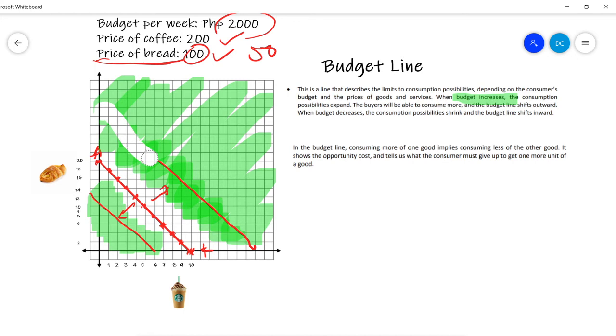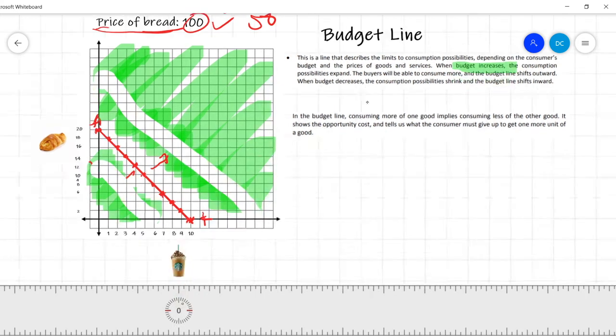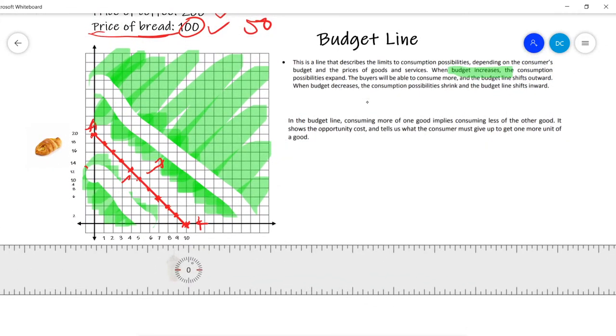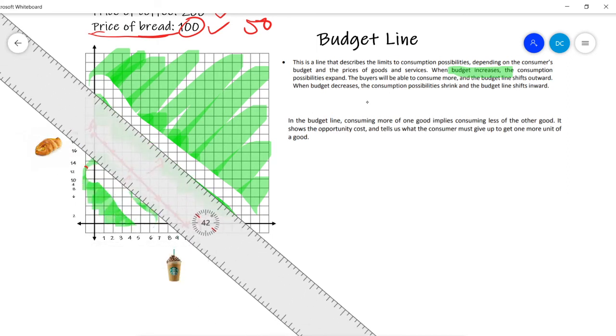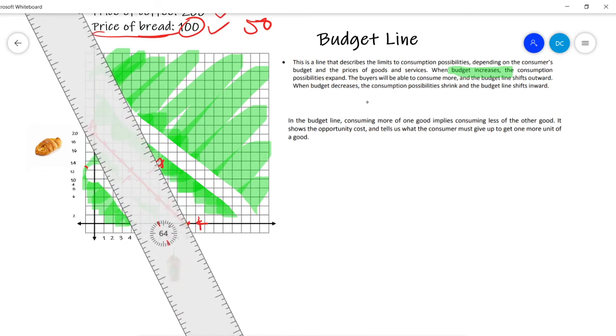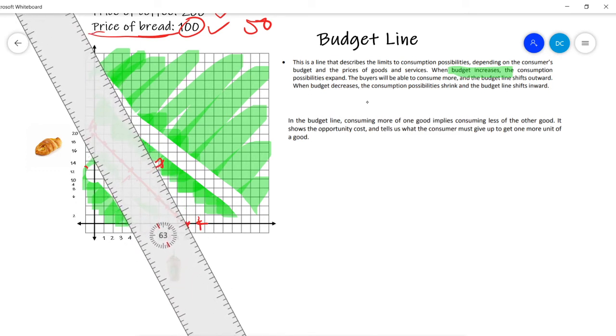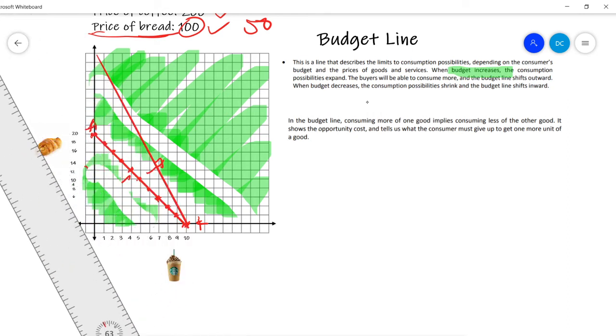So paano yan yung magiging itsura nun, sir? So ito, burahin natin to para madali natin maintindihan. Let's erase this one as well. Notice that this budget line, sabi ko kanina, it can rotate itself upward kapag nagmura yung presyo ng tinapay. So ano magiging itsura nun? Ganito. Okay? Assuming that we can buy more of the bread, dahil nga nagmura, ganyan na siya. Eto na ngayon yung bagong budget line.